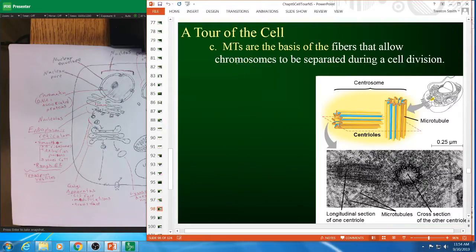Okay, a couple more things about microtubules. They move stuff around in the cell, including moving your chromosomes when you're doing a cell division.